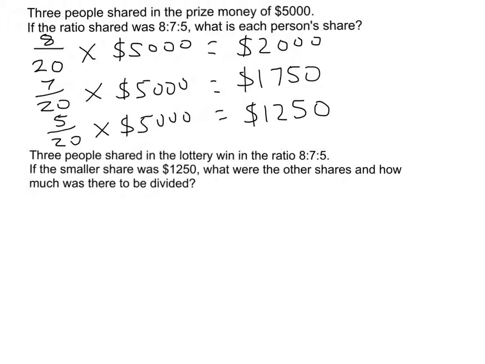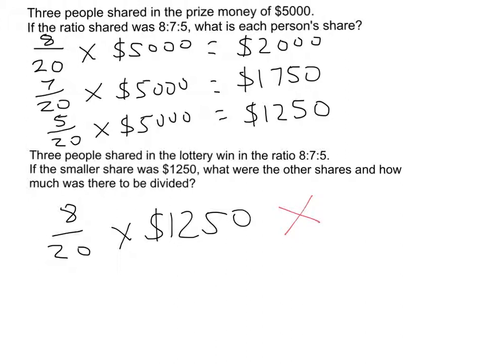We just can't go ahead, for example, and do 8 over 20 times 1,250. That would be incorrect, because 1,250 is representing a portion, a part of the total prize money. So we can't do that.